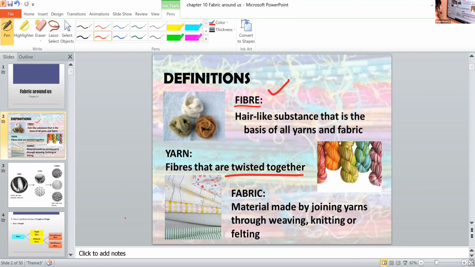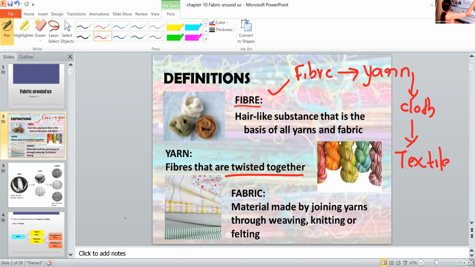And then fabric. Fabric means the material made by joining the yarns. Fiber is the basic unit, yarn means we join the fibers, and fabric means we join the yarns. Is it clear? So this is fiber, yarn, then cloth, textile.